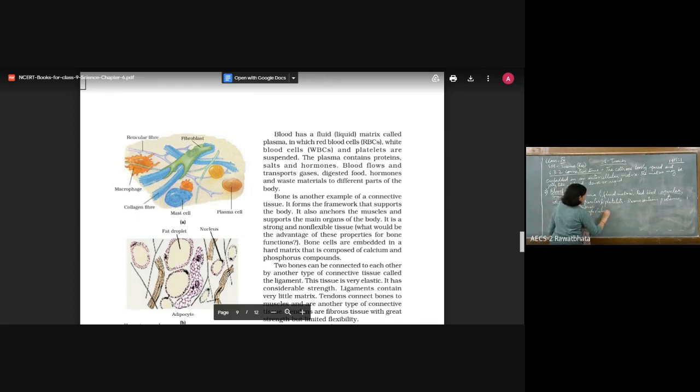Whenever I am writing transportation, I am going to keep in mind the transportation of gases, that means oxygen and CO2.